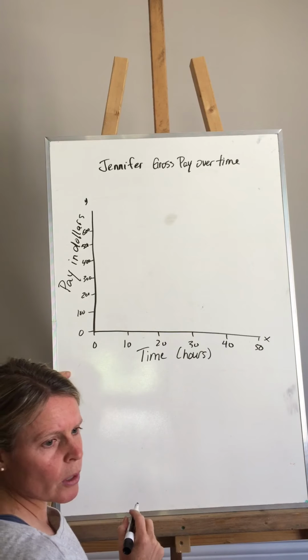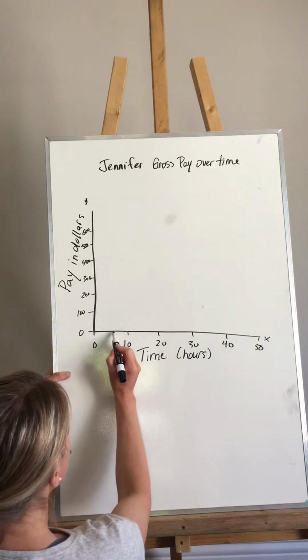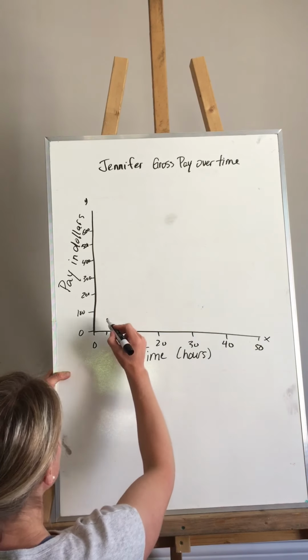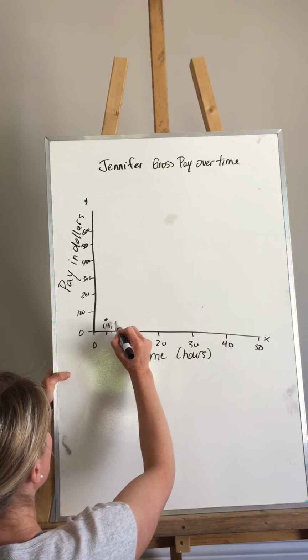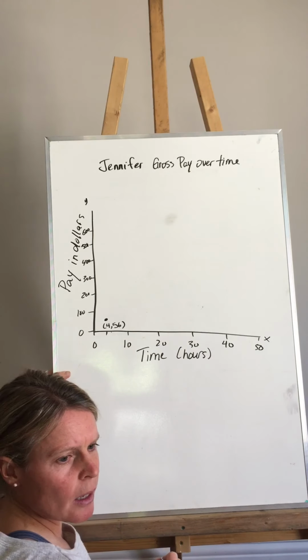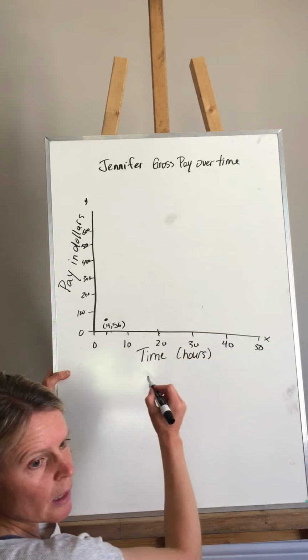Okay, let's put a couple points on. One point is she works for 4 hours. So this is 5, so 4 is around here, and she makes 56 bucks, so just over halfway. So that point is 4, 56. Another point is 20 and 280.